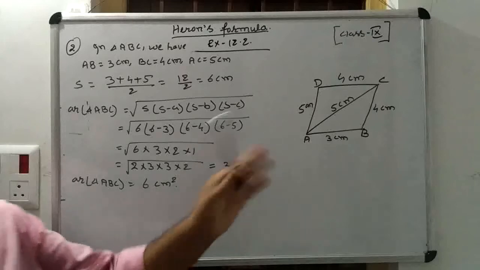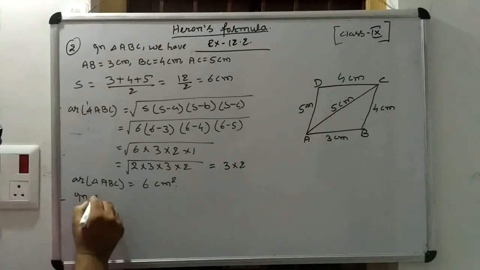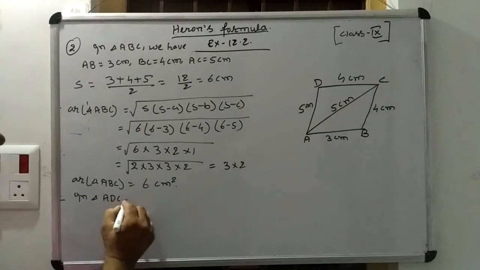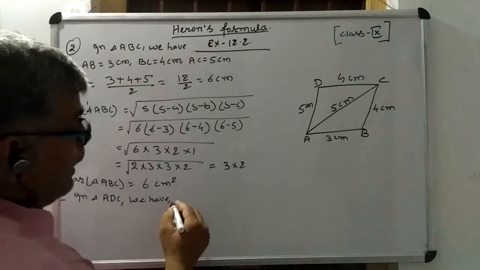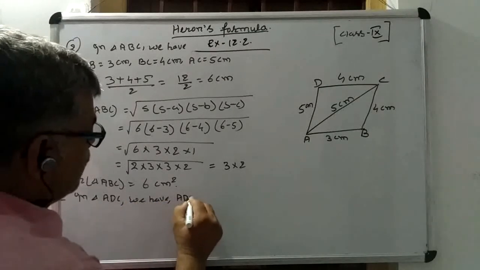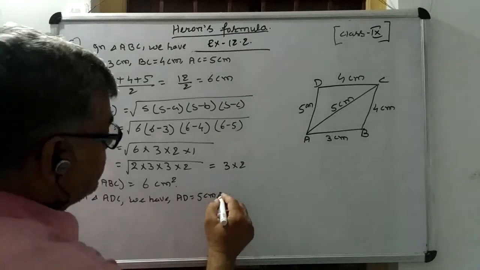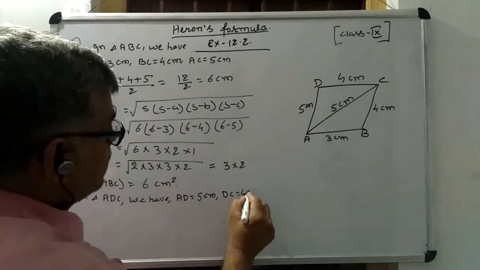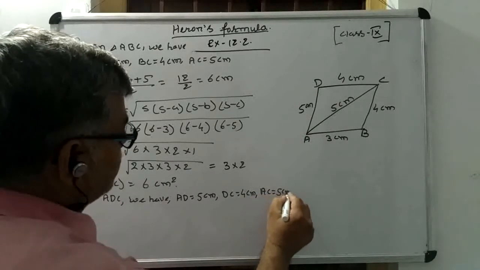Now the same process you repeat in triangle ADC. In triangle ADC we have AD equals 5 centimeter, DC equals 4 centimeter, and AC equals 5 centimeter.